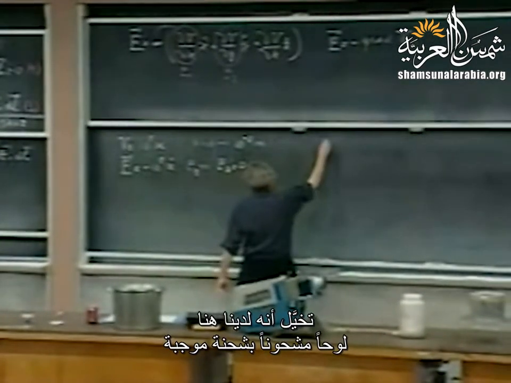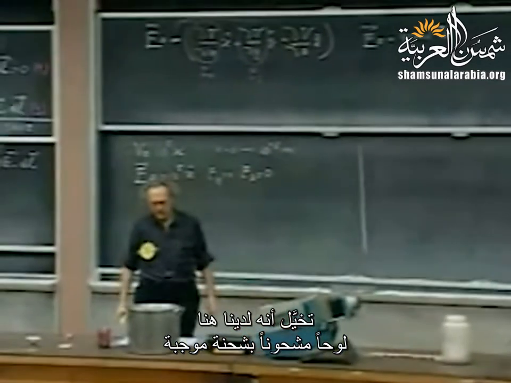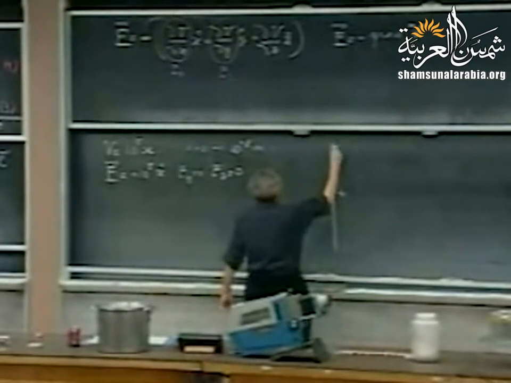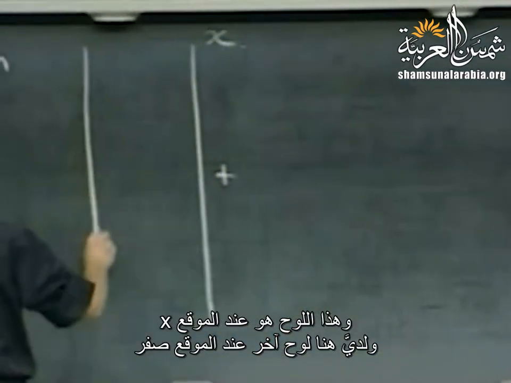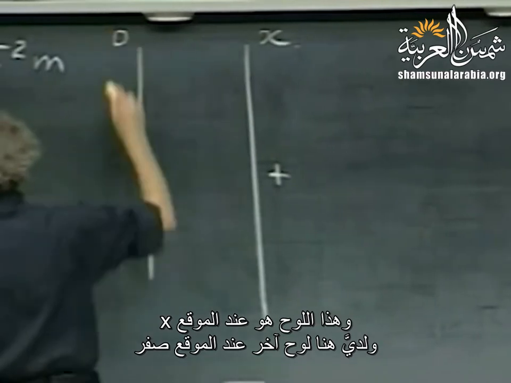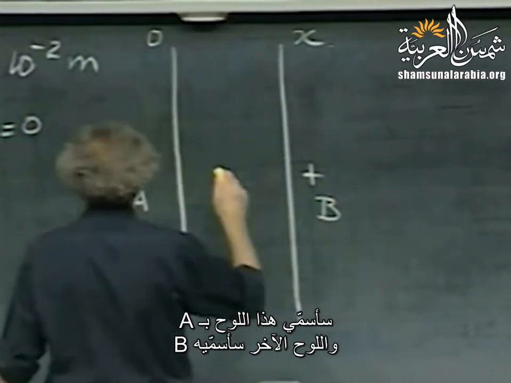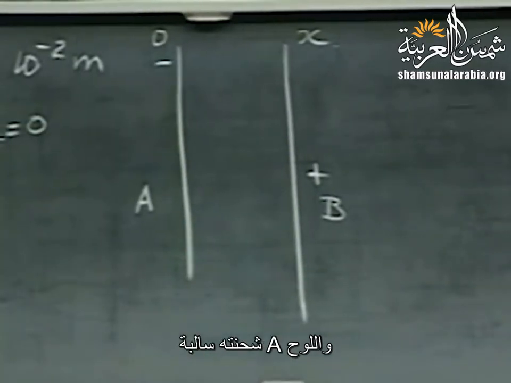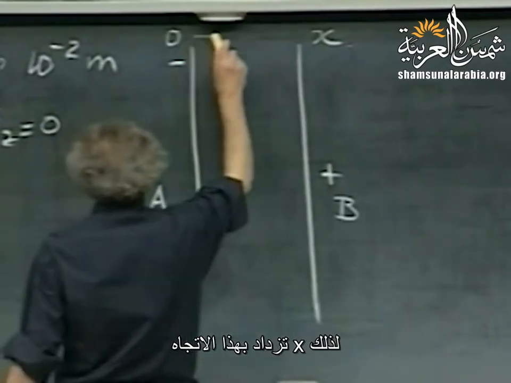Imagine that I have here a plate which is charged, it's positive charge. And the plate is at location x. And I have another plate here, say at location 0. I call this plate A, and I call this plate B. And this plate is charged negatively. So x goes in this direction.